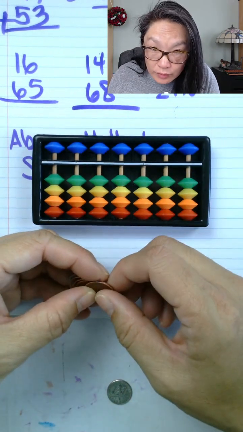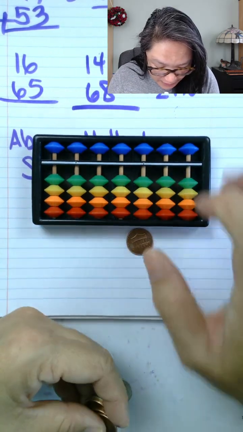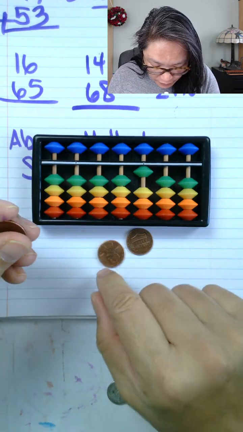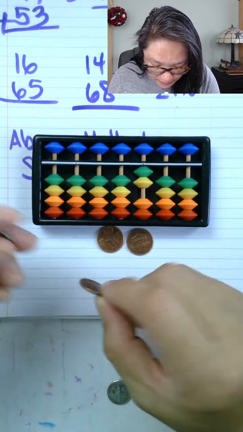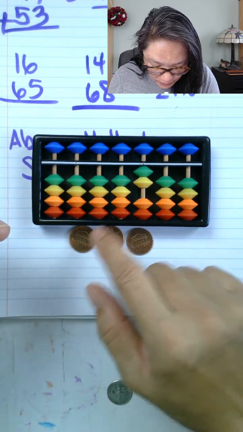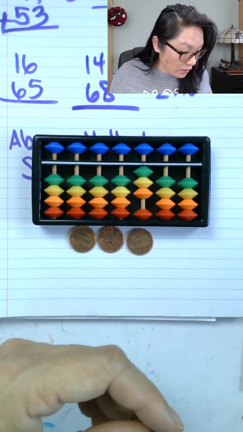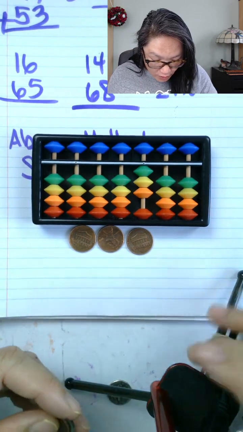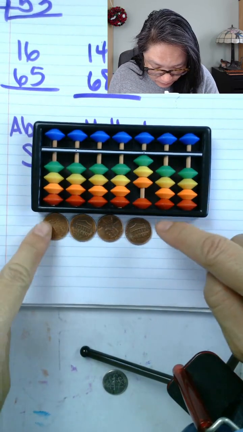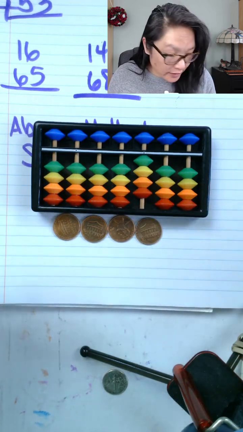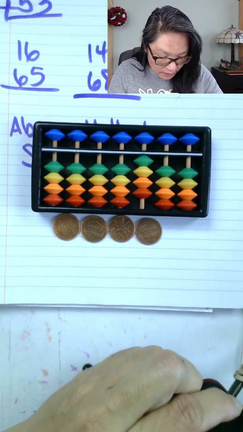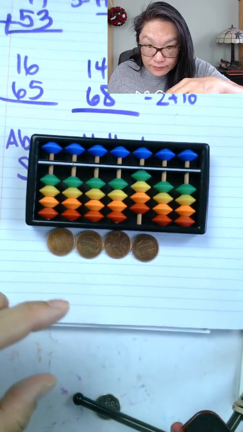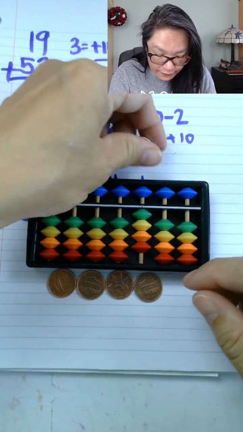So let's do a real review. If I show you one penny, that's 1 on the abacus. If I show you another penny, that's 2 on the abacus. This is 3, 1, 2, 3. This is 3 on the abacus. And then we have 4. That's 4 on the abacus. And then we have 5.